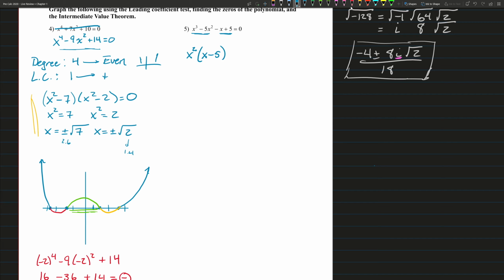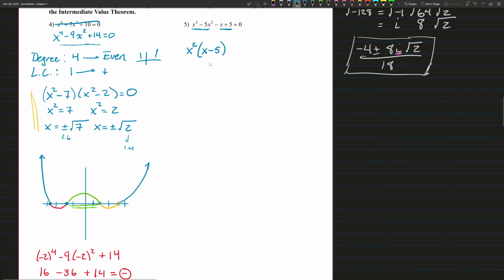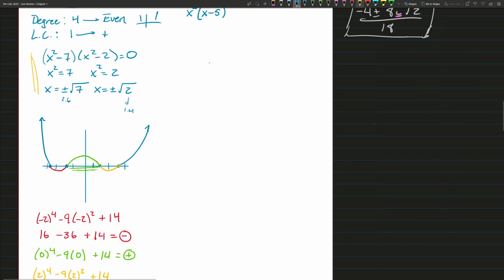The intermediate value theorem states that if you ever switch signs, you have to go through 0, right? So down here, this is a negative value. We cross 0, and then we have a positive value, right?